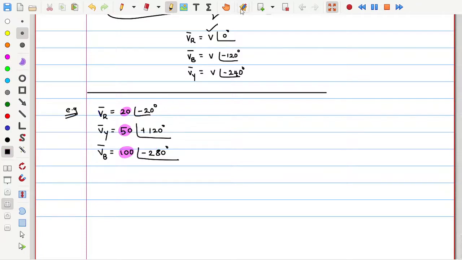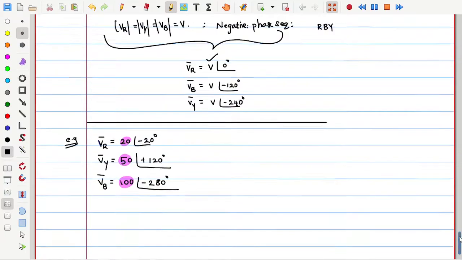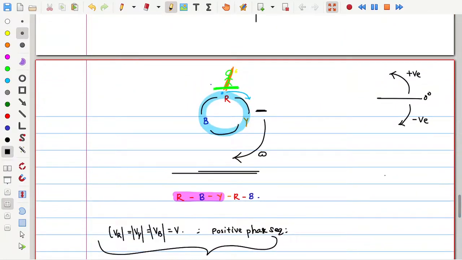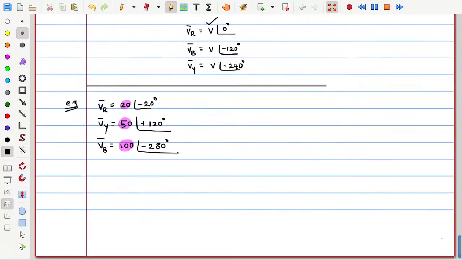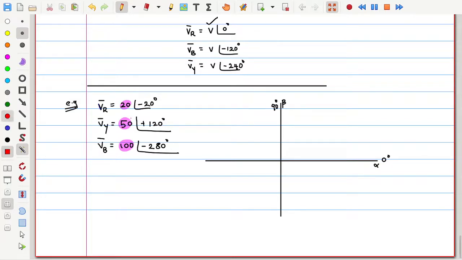Next, we try to produce this kind of circle in the form of phasors. I will assume a simple alpha beta axis as I introduced previously. Alpha is 0 degrees, beta is 90 degrees, this is 180, like that. Let us put all these phasors in this spatial plane.